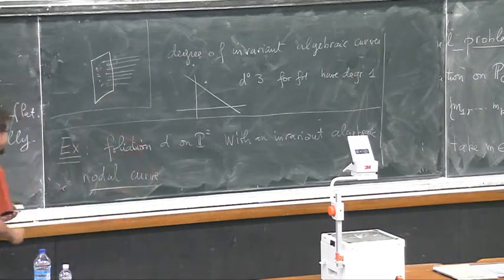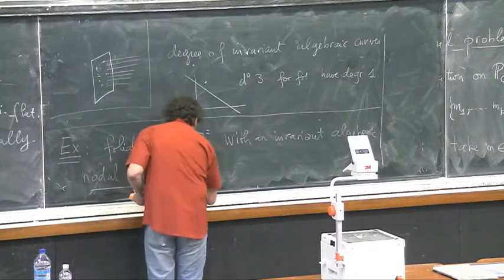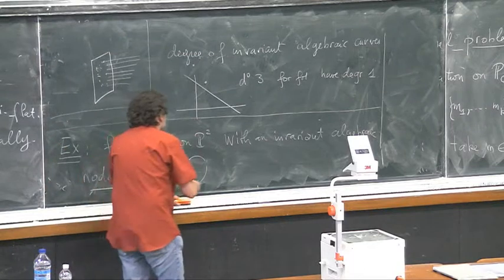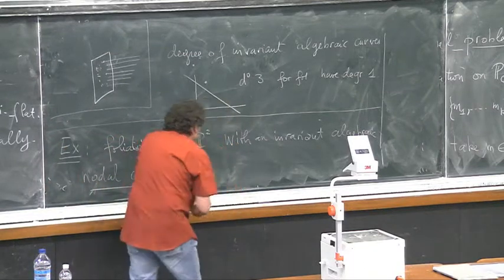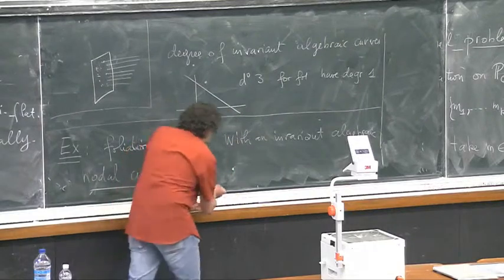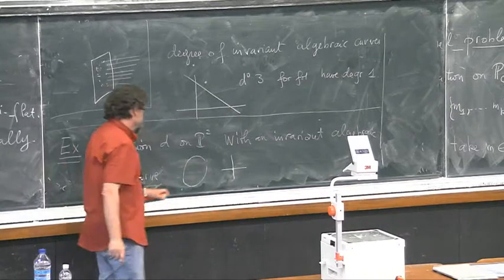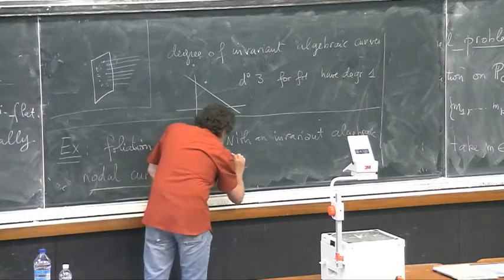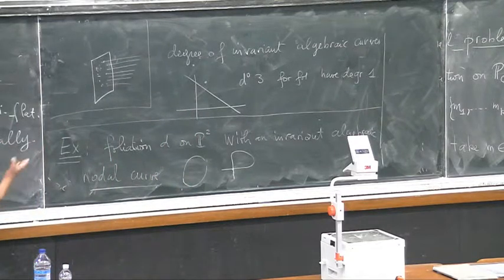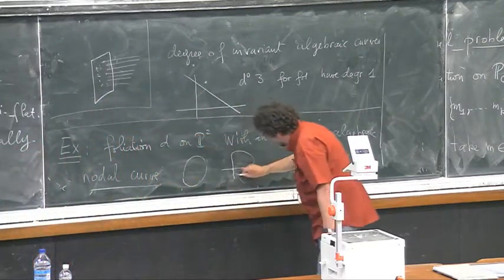What is a nodal curve? For example, a smooth curve is nodal. In fact, a singular point is nodal if it is locally isomorphic to two axes. For example, take the rational cubic with a nodal point.